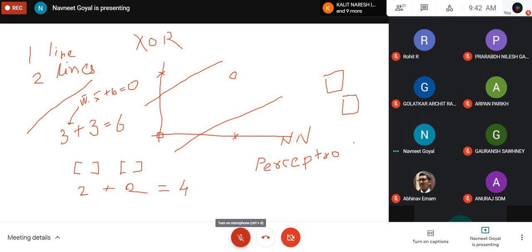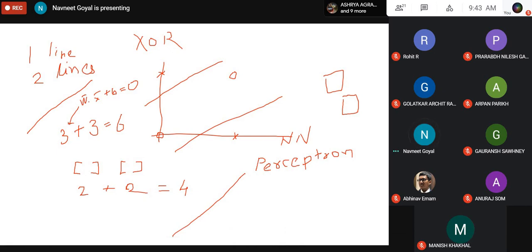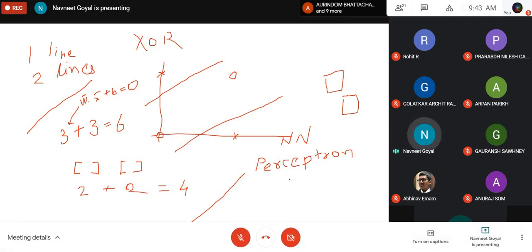So the perceptron model is nothing but a linear classifier, which means that it's a single straight line or a plane, or a hyperplane. That's it. And it can be used to solve two-class classification problems which are linearly separable. So a perceptron would be able to solve your OR gate problem.